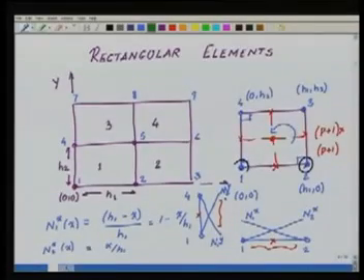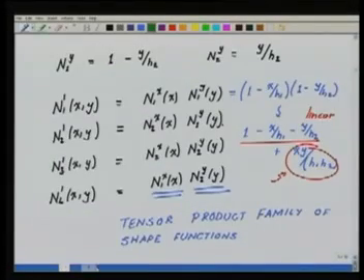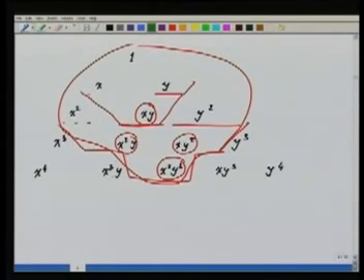Now, as far as the definition of these rectangular elements is concerned, we have overdone the job. That is, in the Pascal triangle we have actually accounted for more terms. The question is, can we redefine our basis functions, or shape functions, over the quadrilateral in such a way that we do not overdo the job?